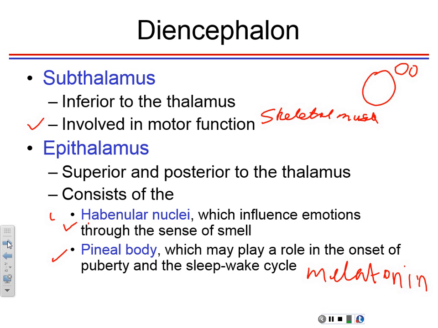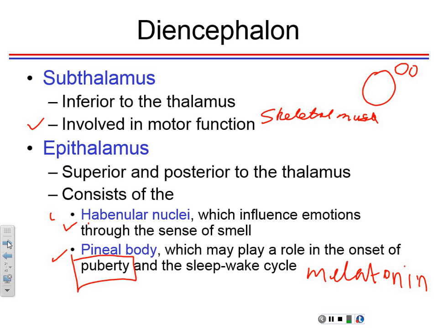But sometimes it plays a role in puberty. When you reach puberty, you start secreting all these hormones, androgens, estrogen and testosterone and whatnot, depending on sex, and so you start to do all those sexual development. So sometimes it's involved with controlling those hormones, I guess. Because of the melatonin, it's involved in sleep cycles.